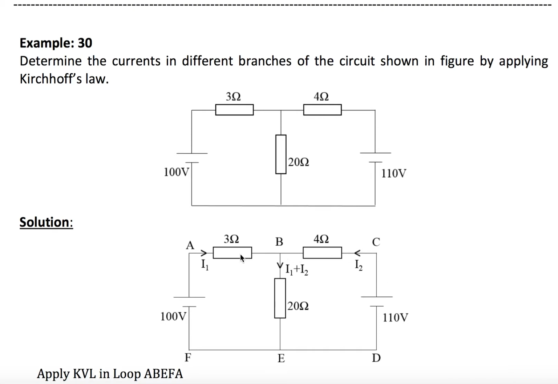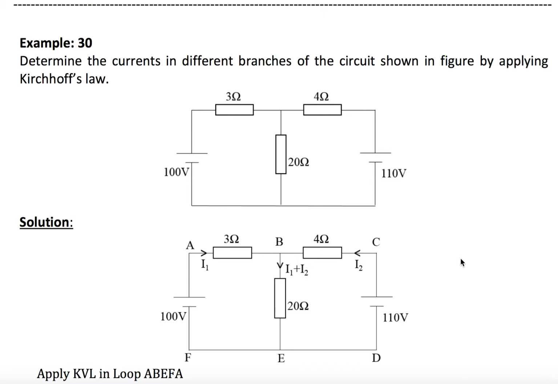Here at B, both the currents are meeting, and the current going away, if you denote it as X, equals the currents entering the junction, that is I1 plus I2. Current leaving equals the sum of the currents entering.